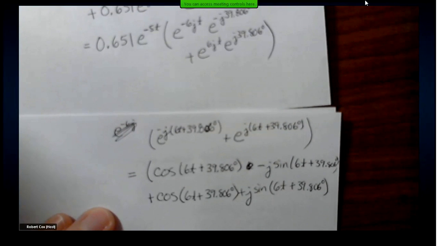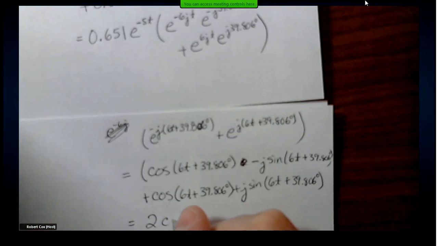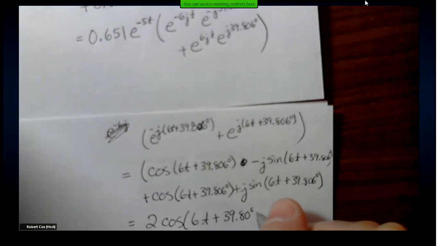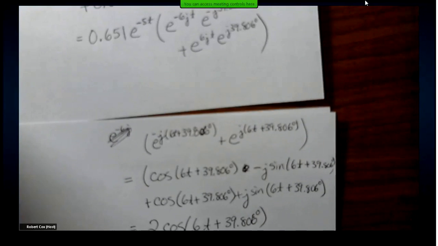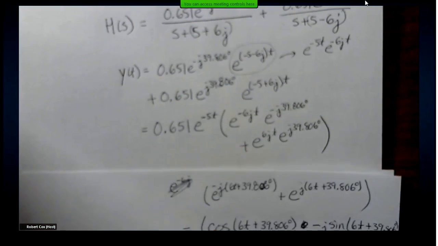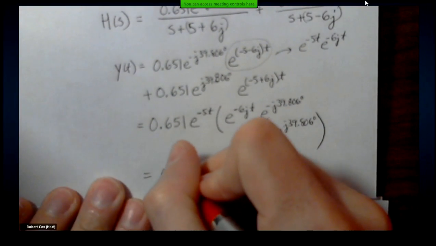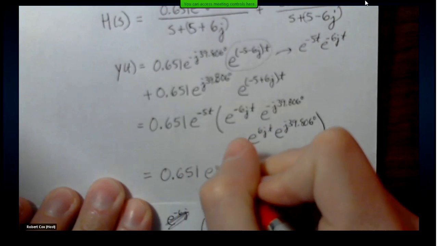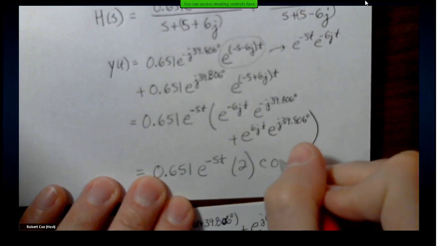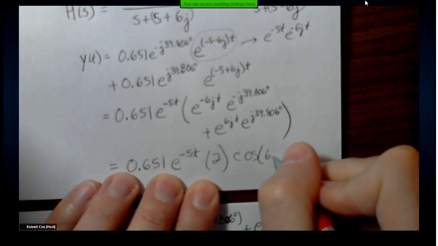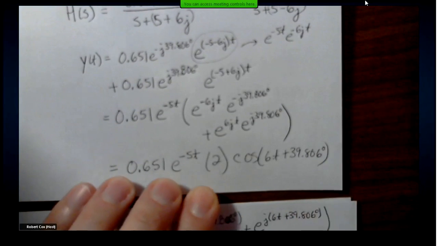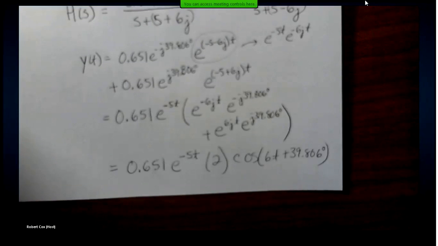So I see that the imaginary terms go away, and I'm left with 2 cosine 6t plus 39.806 degrees. So if I plug this result back in up here, I get 0.651 e to the negative 5t times 2 times cosine 6t plus 39.806 degrees.